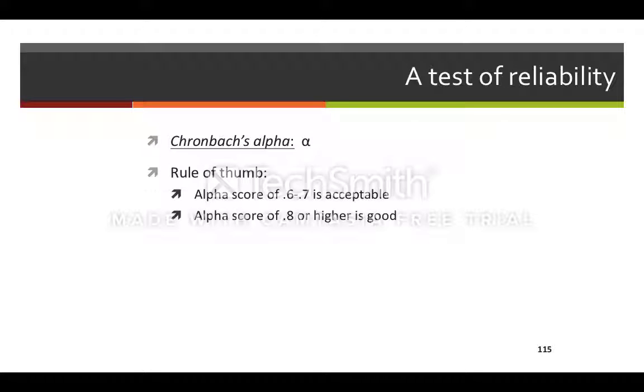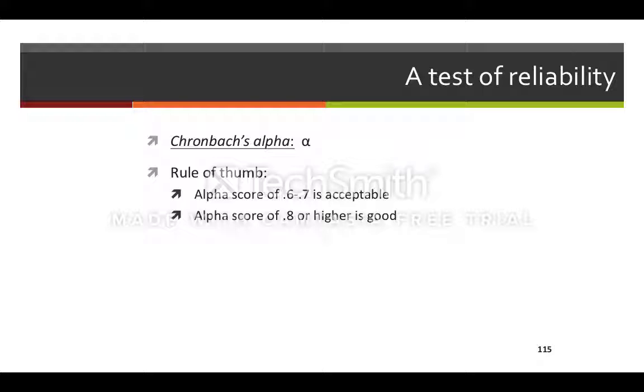Here's something that we'll talk about a little bit more once we get into statistics. But for right now, all you need to know is that there's a mathematical test of reliability that gives you a number that's called Cronbach's alpha. Cronbach was a researcher or mathematician who invented this. A Cronbach's alpha score is always a number between 0 and 1.